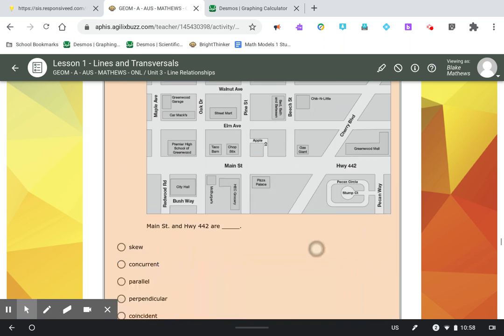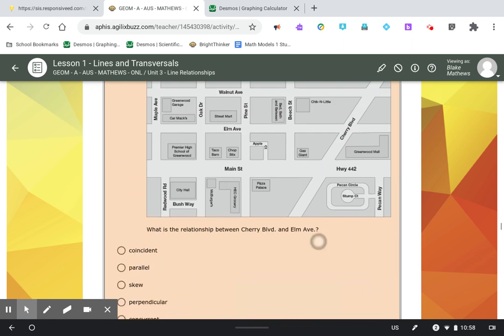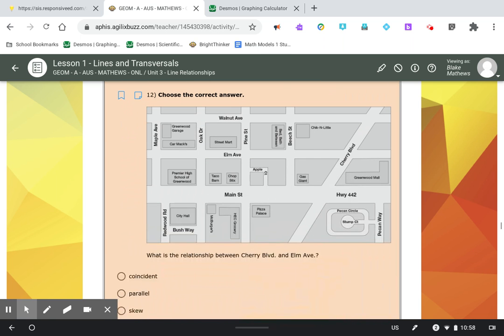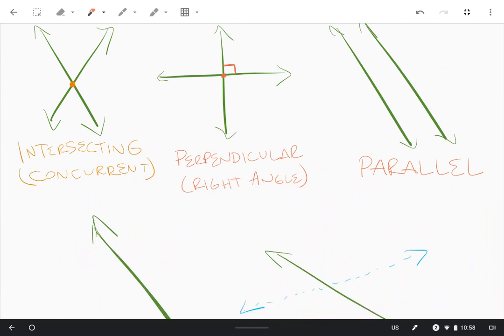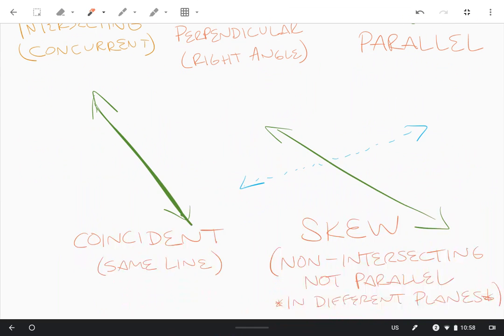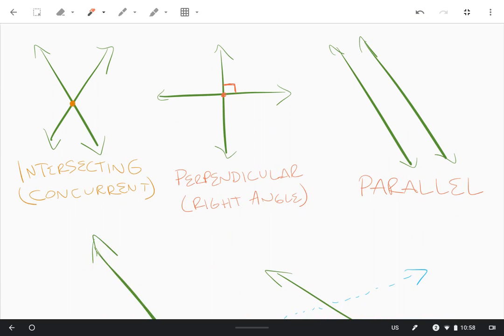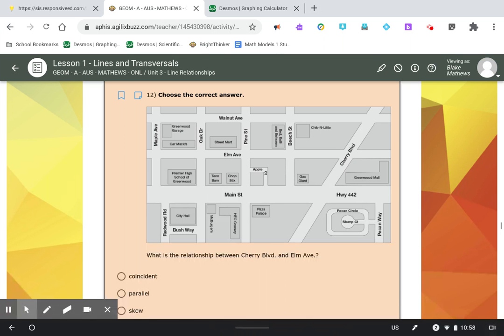So let's look at these real quick and let me help you understand what they're asking you. Basically they want you to take this map of roads and apply these different relationships that we just talked about, intersecting, perpendicular, parallel, coincident, and skew, to these roadways. For instance, what's the relationship between Cherry Boulevard, which is right here, and Elm Avenue?